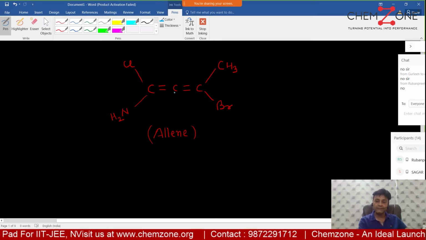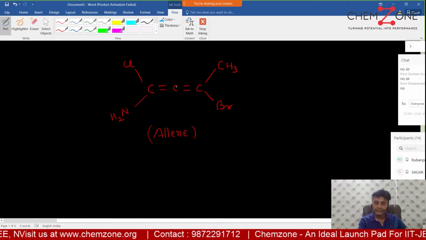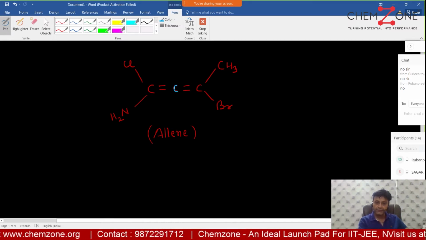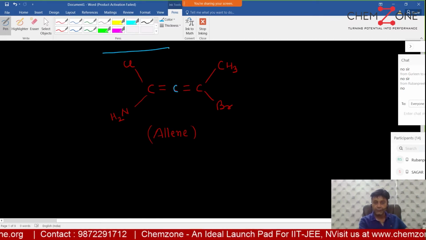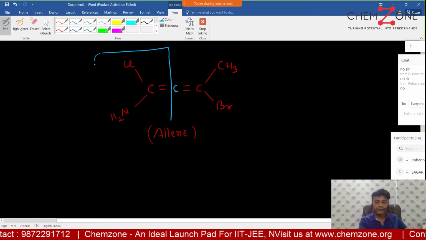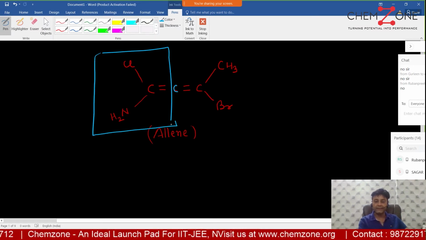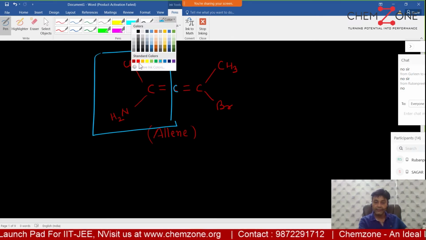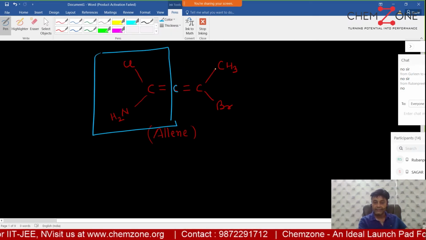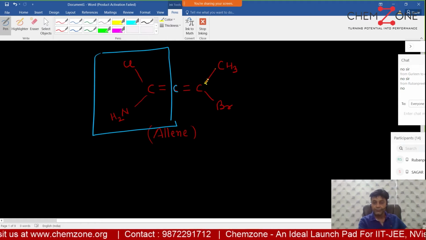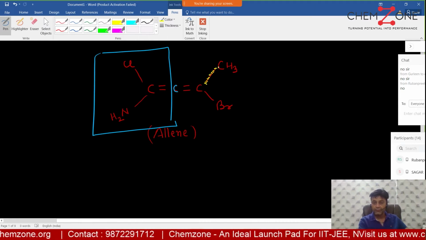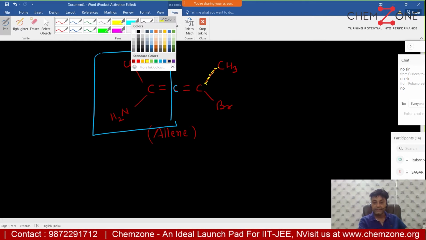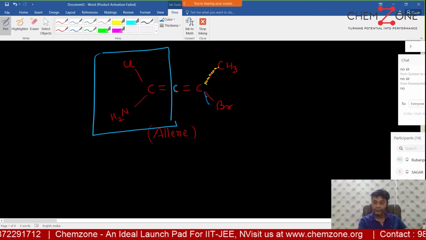Dissymmetric in the sense that around this carbon atom, this part of the molecule is within the plane of the screen, and the other part is away from the observer, and this is towards the observer.